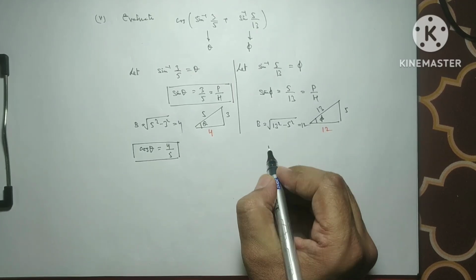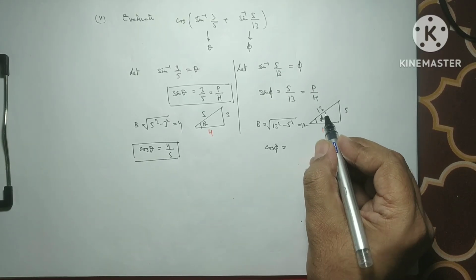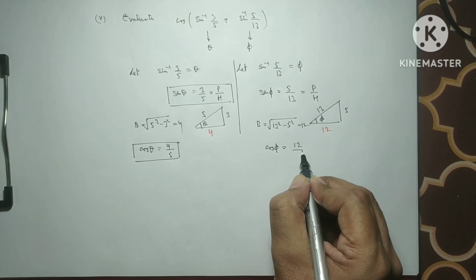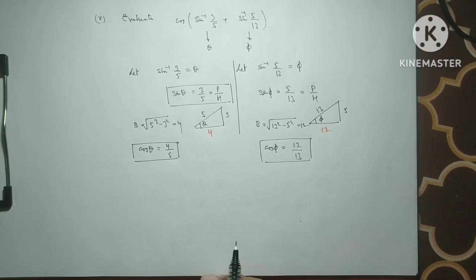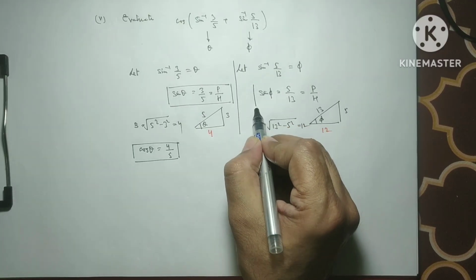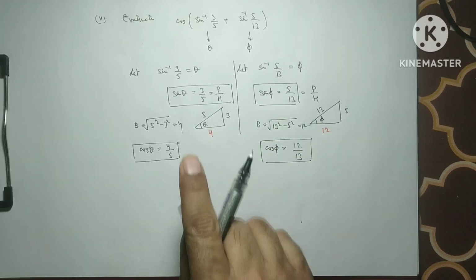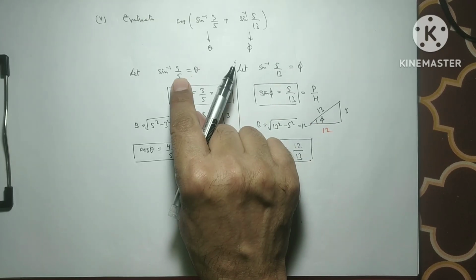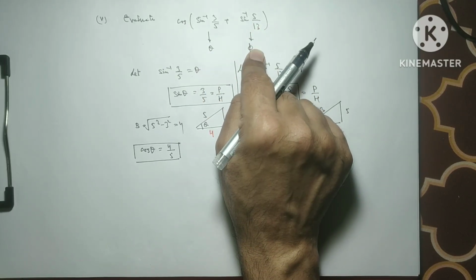Right now we can collect the value of cos phi. So cos phi is B/H, we get 12/13. And the sine value is this. So sin inverse 3/5 is theta, and sin inverse 5/13 is phi.